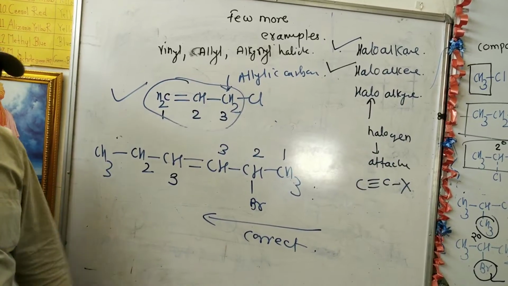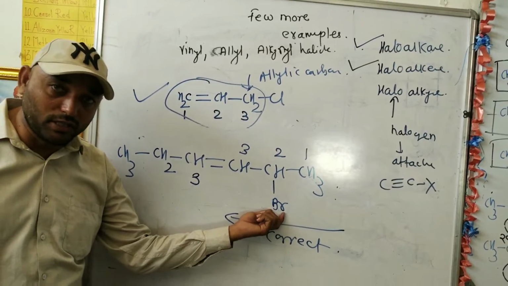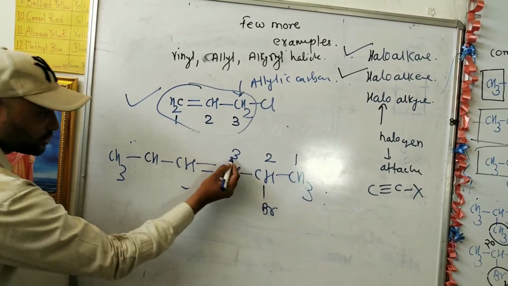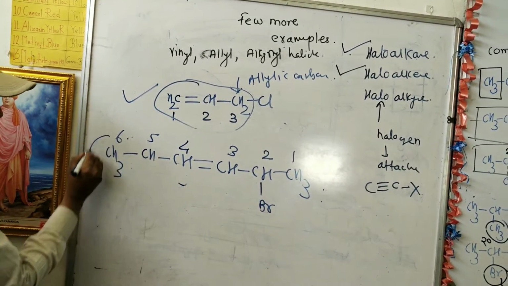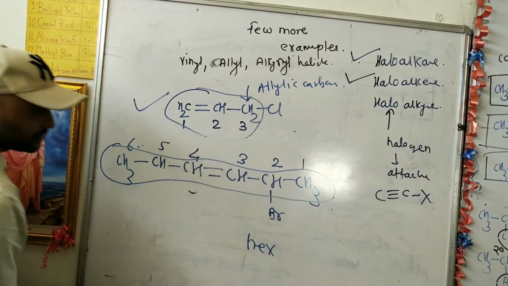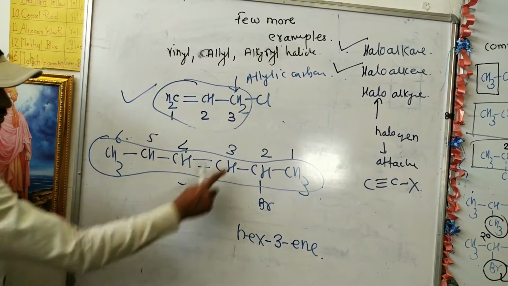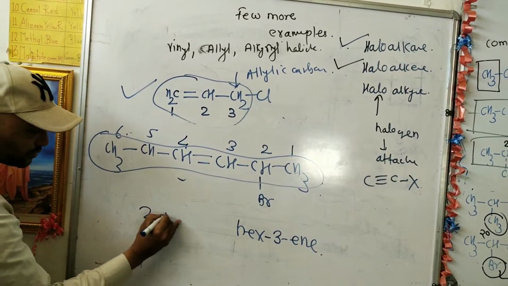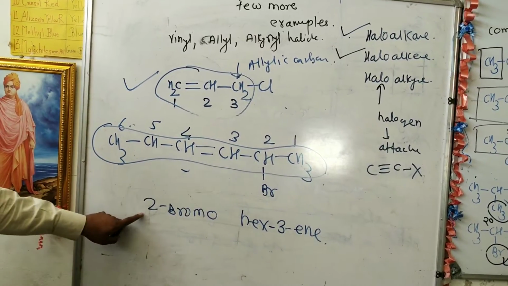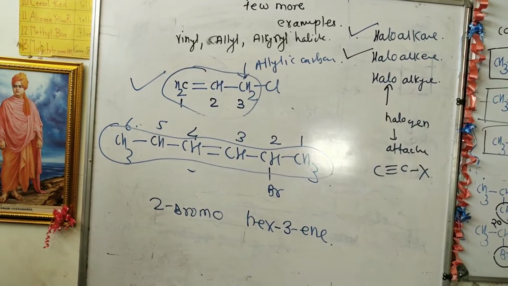Because according to the rule, the carbon-carbon double bond is near and bromine is also near. That's why the name of this compound: 1, 2, 3, 4, 5, 6. So 6 carbon, hex. Double bond comes to the third position, 3-ene. And bromine at the 2 position, that's why 2-bromo-hex-3-ene is the correct name of this allylic halide.